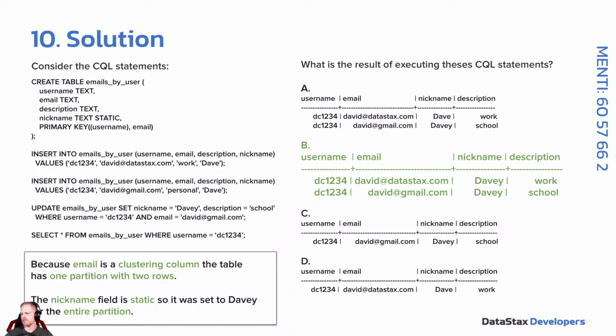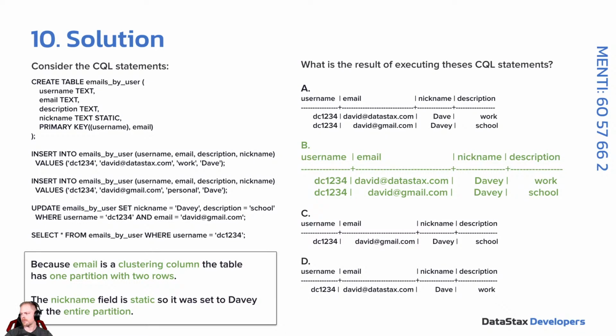So right away, I'm going to rule out C and D because those have only 1 row. We said there are 2 rows in this partition, and we get down to A and B. The only difference is that in A, the nickname is Dave for the first email and Davey for the second, and in B, the nickname is Davey for both. The correct answer is B, and the reason is that the nickname field is static.